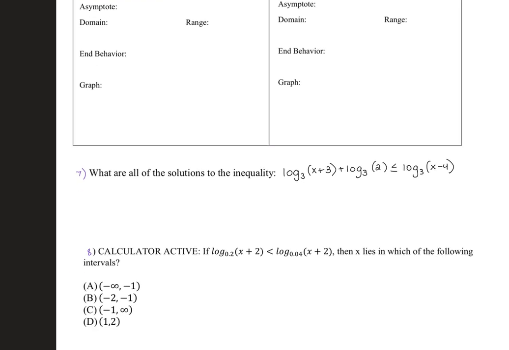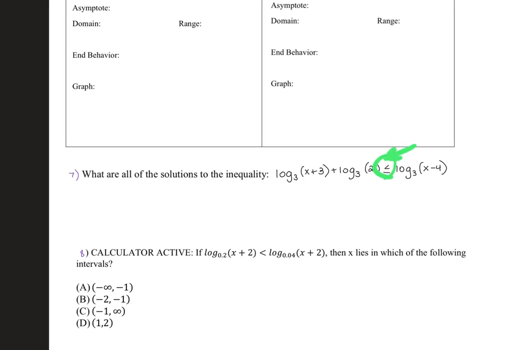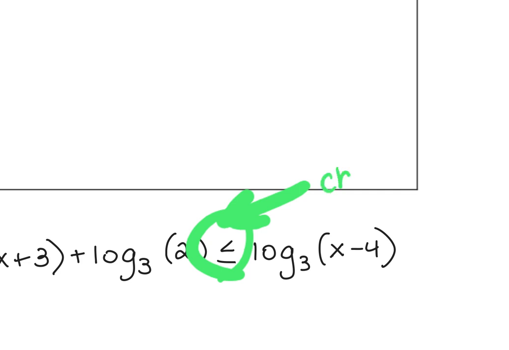And then we got into the inequalities. So remember your inequalities. If you're solving an inequality, in this case I would condense and then solve. But anytime you have that inequality, remember that you need to check for a lower bound.